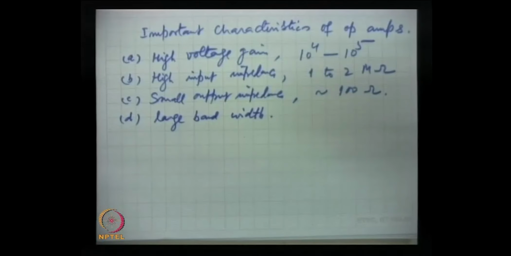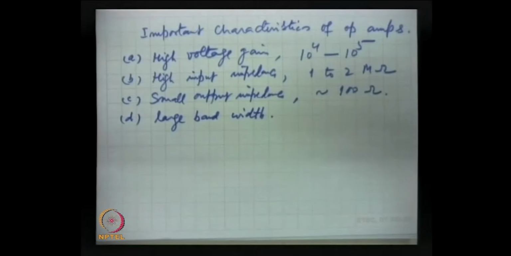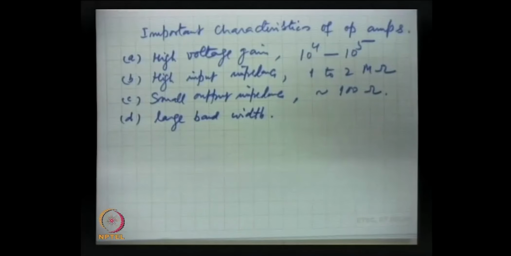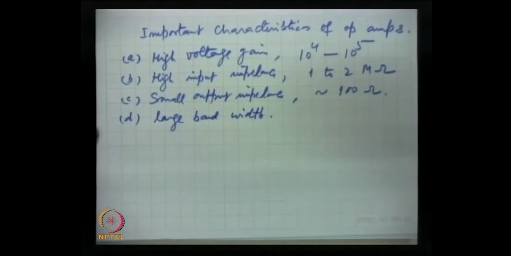Practically we will see that in open loop, without feedback, the bandwidth is very small because the gain is very high, 10 to power 5.